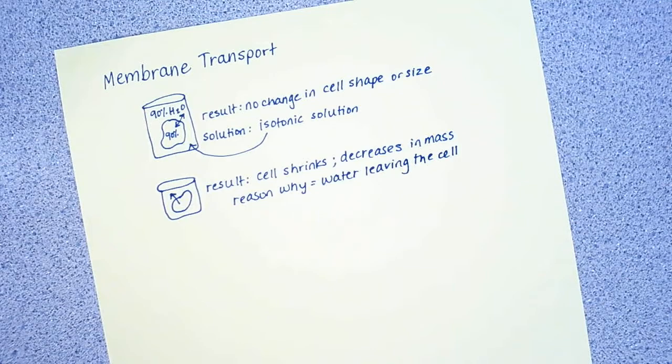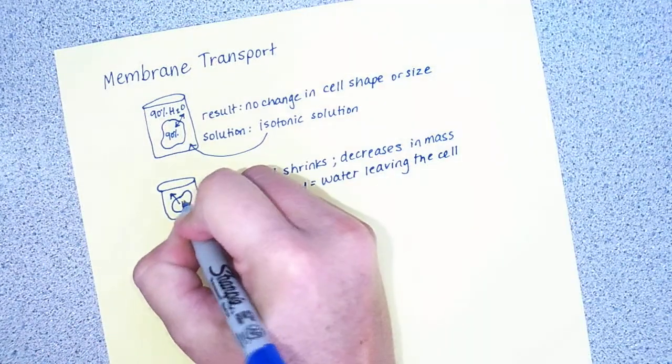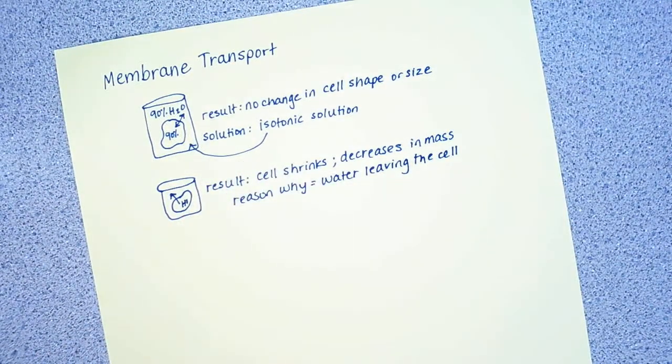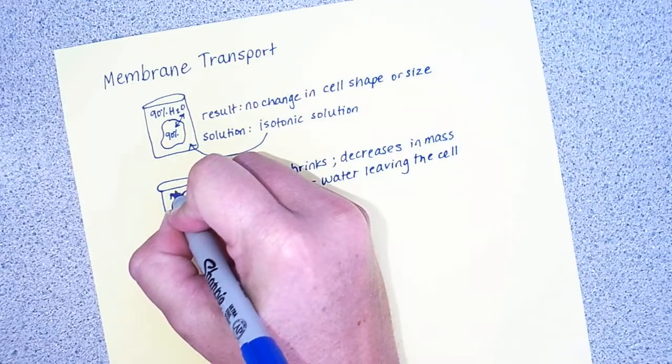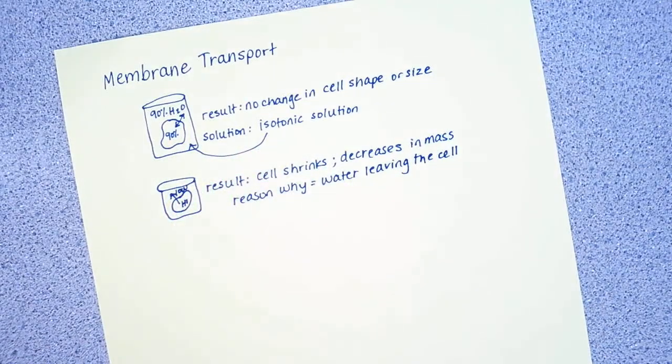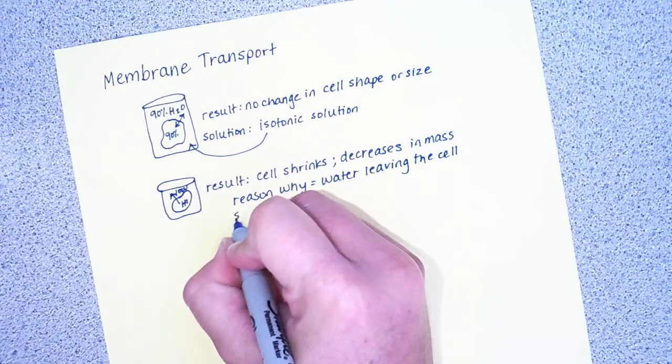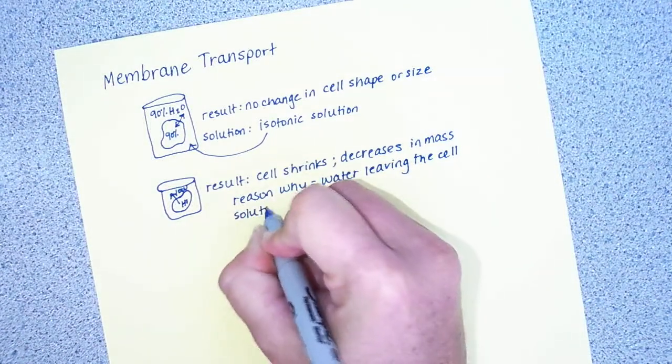And the reason why water is leaving the cell is because there was a higher amount inside the cell and a lower amount of water outside the cell. If there's a lower amount outside the cell, that must mean that there's more room for a solute. And so the solution is called hypertonic.